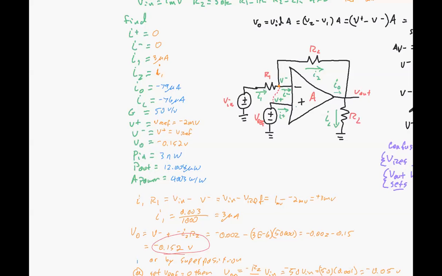So it's minus 0.152 divided by an input voltage of 0.001. So we have a gain of 152. That's a little misleading. That is the closed loop gain. So I've got an example that you can try and work some problems from this as well.